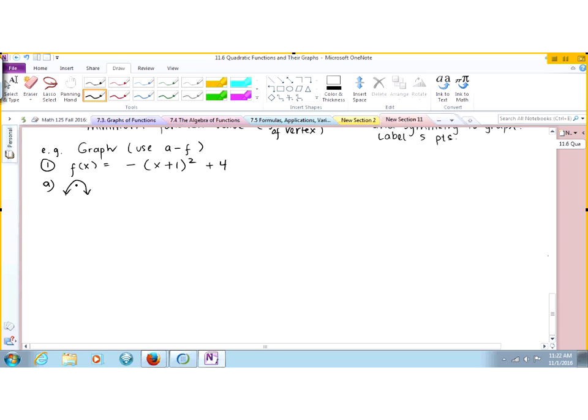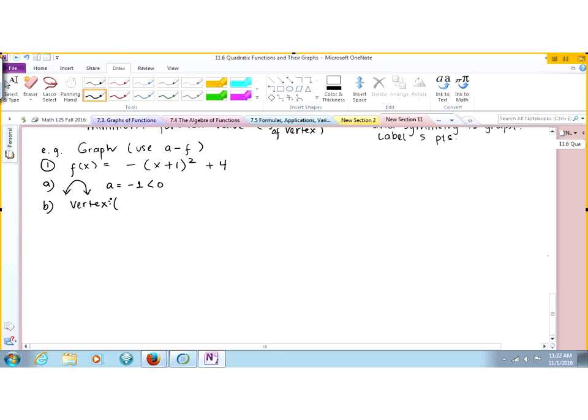Down. So my parabola later on needs to open down. So a is equal to -1. The parabola opens down. What is my a here? -1. Negative. Less than 0.